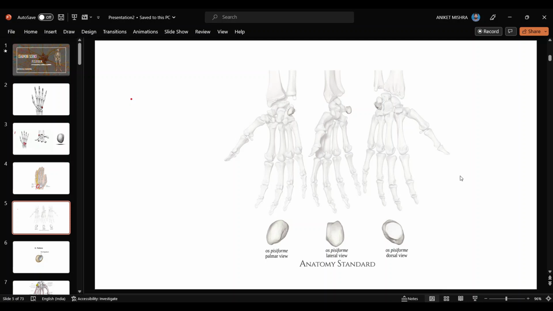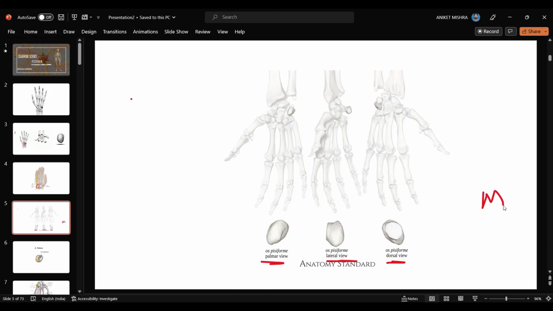The pisiform bone has four surfaces: the dorsal surface, the palmar surface, the lateral surface, and the medial surface.